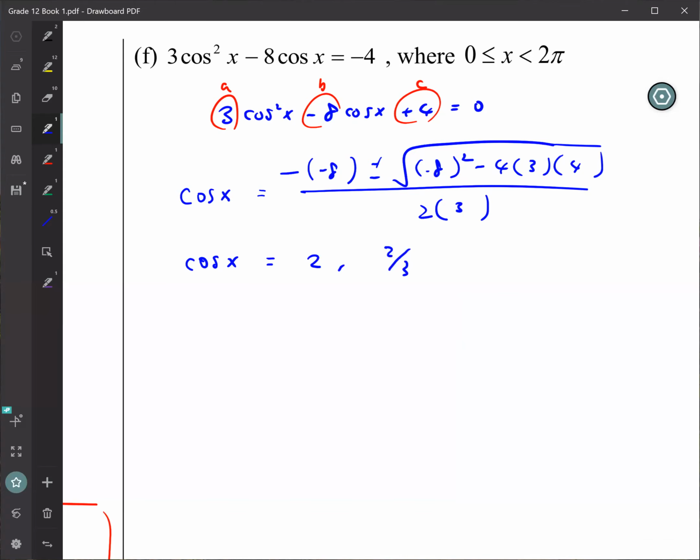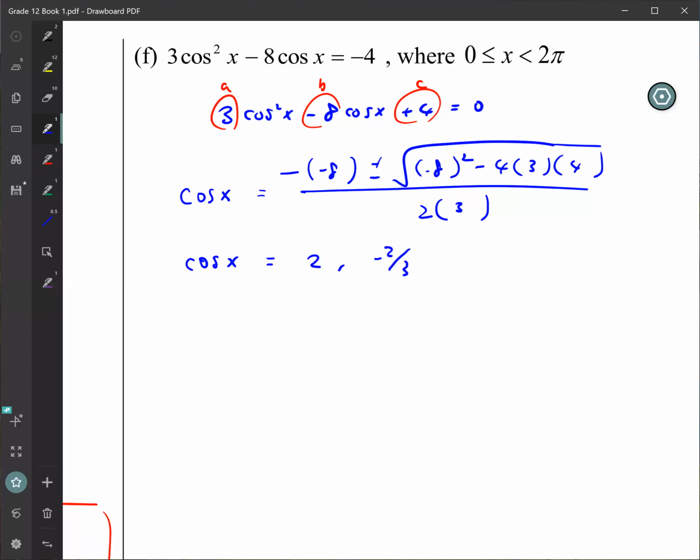I got negative 2 over 3. Negative 2 over 3, and 2? Oh, yeah. So one positive, one negative.